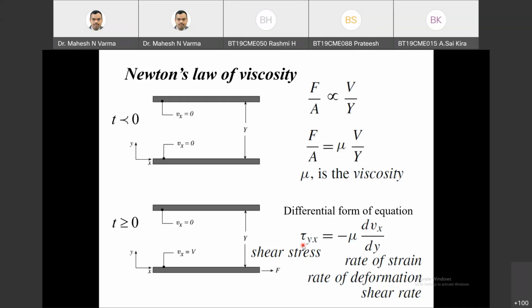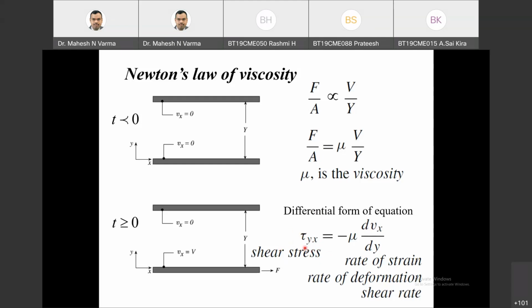If some physical quantity is associated with three directions, it is a third order tensor. This is just nomenclature, and we'll use this definition towards the end of this subject. So shear stress is a second order tensor, because two directions are associated with it, and hence it is called a tensor.